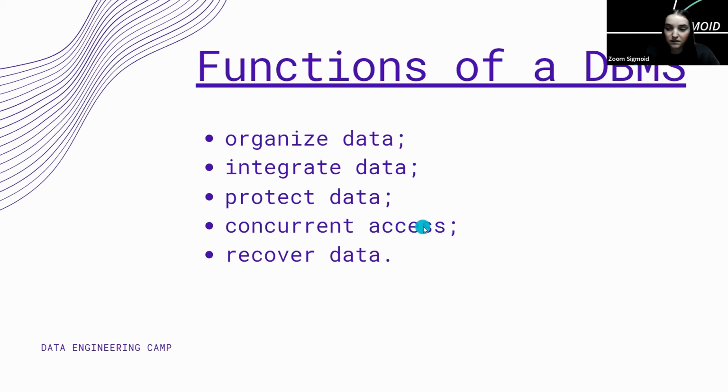Concurrent access means access at the same time to the same collection of data by multiple customers. In a recovery operation, the database management system provides a recovery platform with the necessary tools to fully or partially restore databases to their previous state.